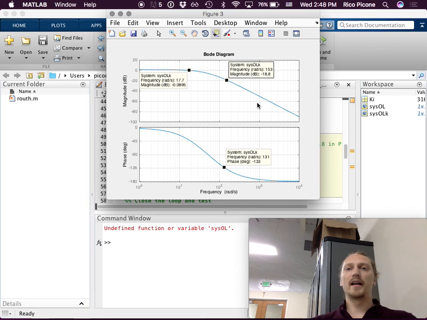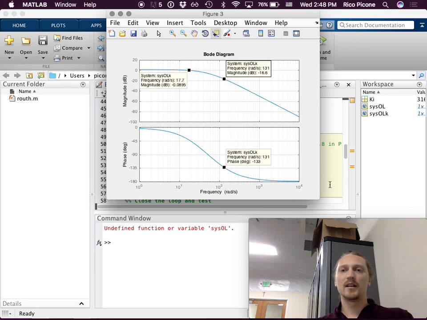So let's try it. At 131, so the same frequency, I have a magnitude of negative 16.6 dB. If I added 16.6 dB to this, meaning I multiplied by a gain of whatever the magnitude version of 16.6 dB is, this is going to go through 0 dB.